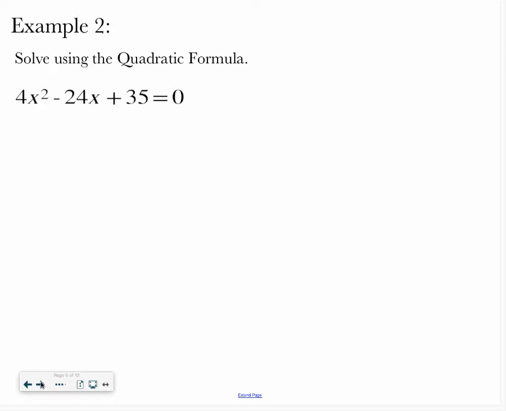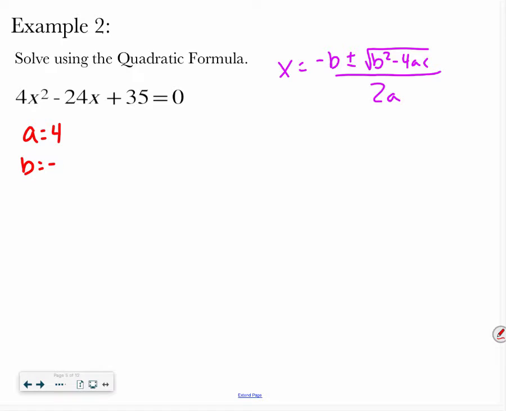All right, example 2. Let's again solve using the quadratic formula. So we have 4x squared minus 24x plus 35. Okay, so again, x equals negative b plus or minus square root b squared minus 4ac all over 2a. My a value is 4, my b value is negative 24, my c value is 35.